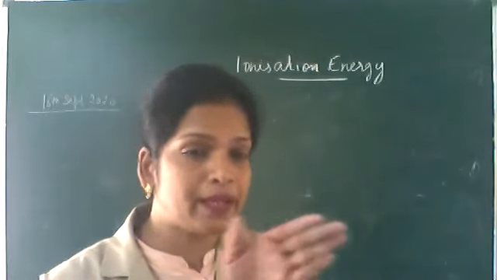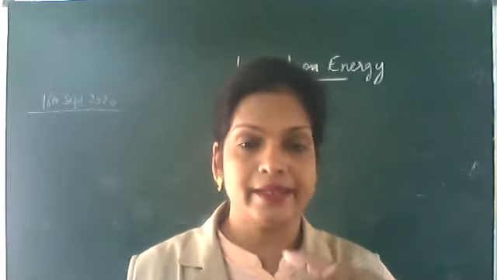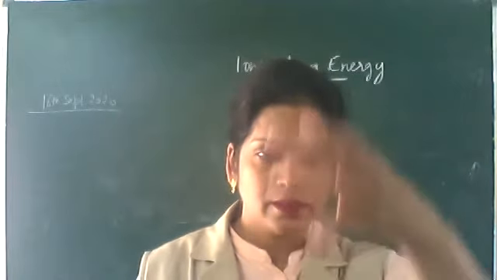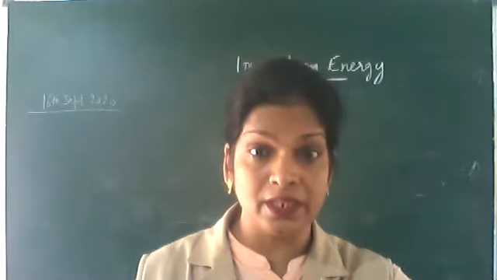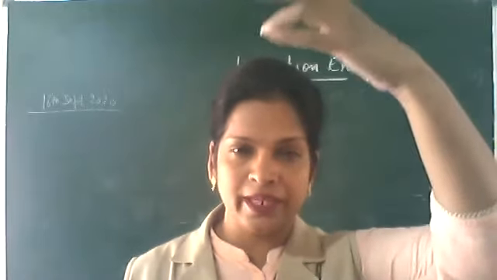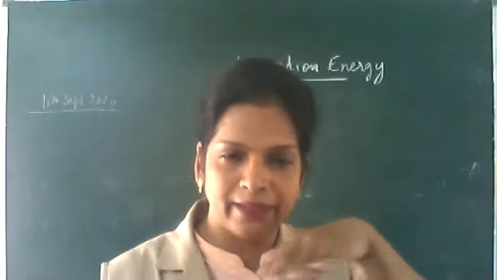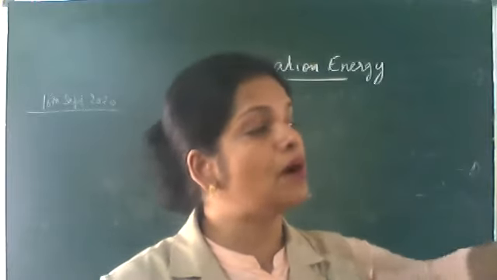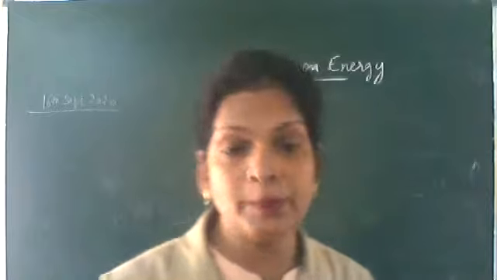So in a period, the ionization enthalpy increases. In a group, the ionization enthalpy decreases because Z effective becomes less due to the shielding effect. Screening or shielding effect is the reason in a group, and increased nuclear charge, Z effective, is the reason for the increase in ionization enthalpy in a period.